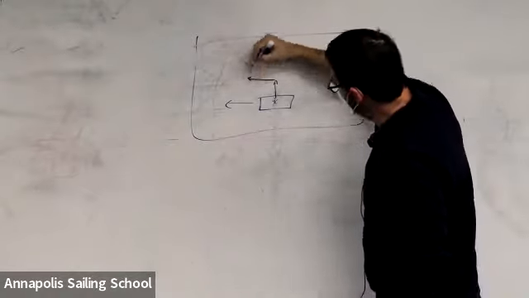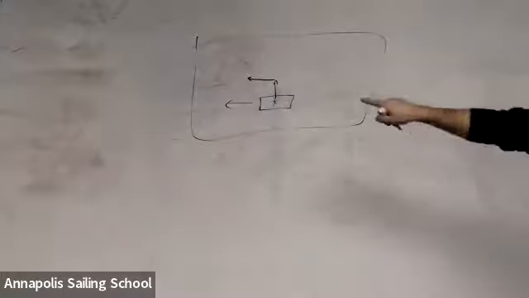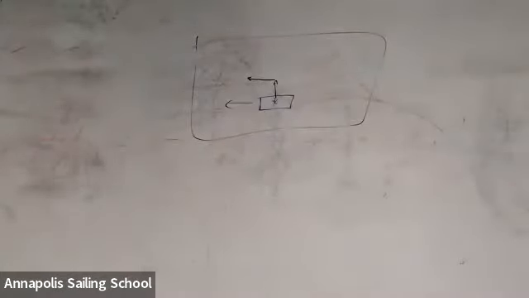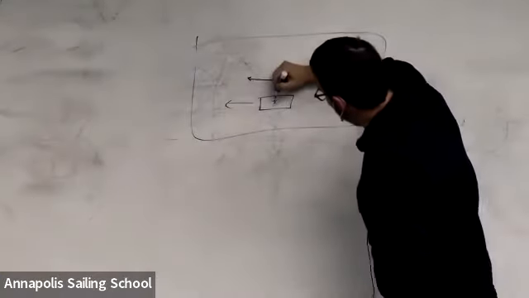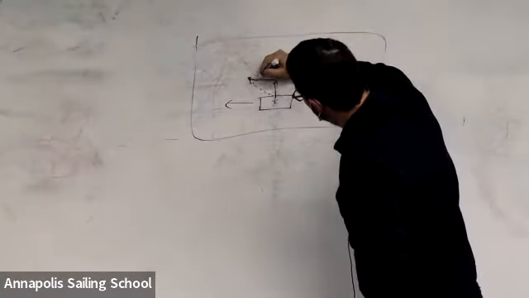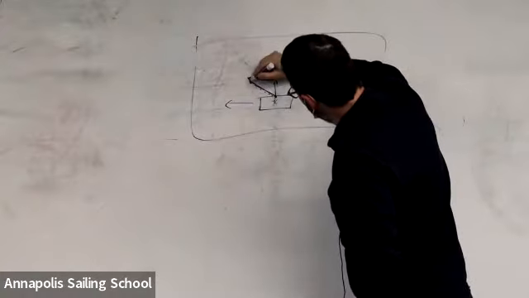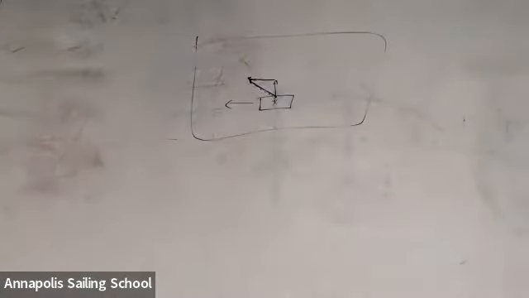And the easiest way to add them is just like the tip of this arrow to the base of this arrow. And then the actual ball is going to go this way. So I go from the beginning of this arrow to the end of the second arrow, and that tells me the path of the actual ball. So this comes up a lot because we're talking about winds adding together and stuff like that. So I just wanted to point that out.